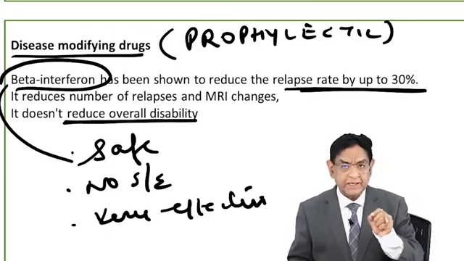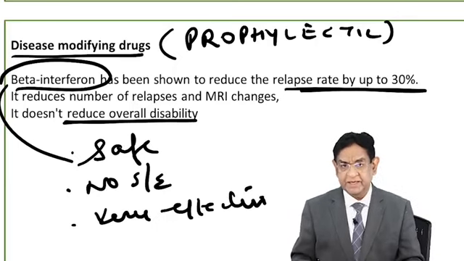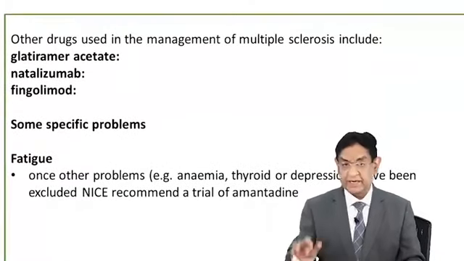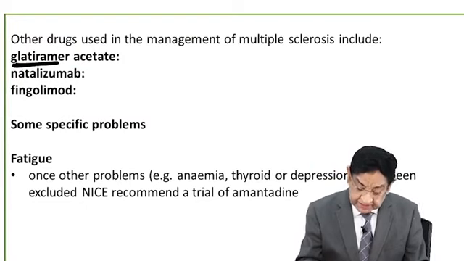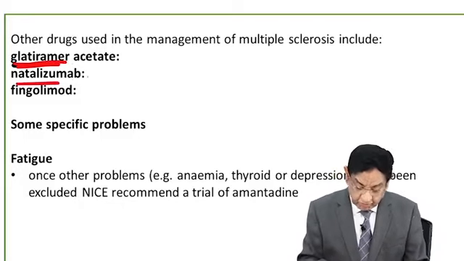Point to be noted, it is not for acute attack. For acute attack, you have to give methylprednisolone. We can use other drugs also. Again, they are preventive drugs: glatiramer, the second very widely used drug. Then we have natalizumab. Oh, a wonderful drug.